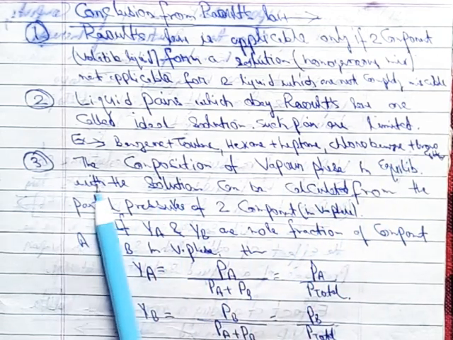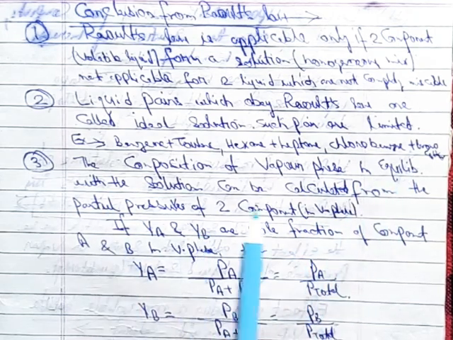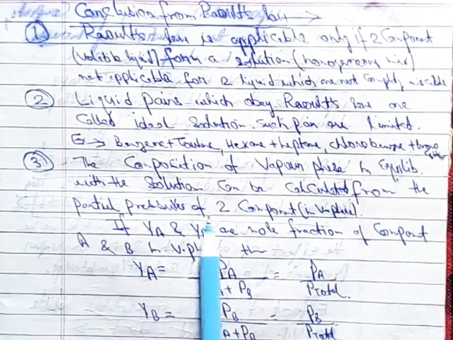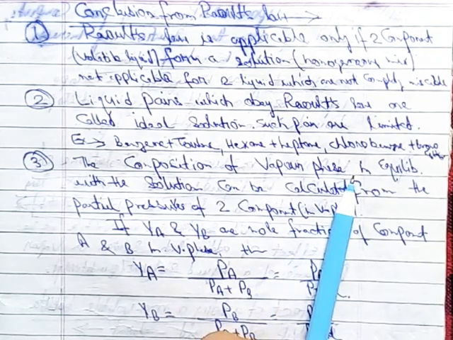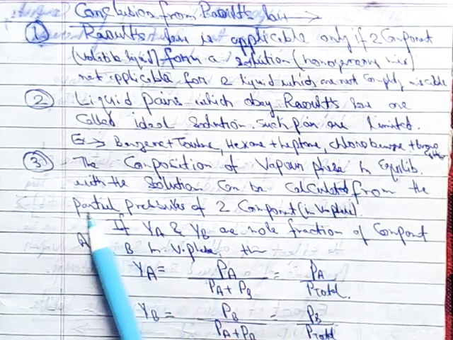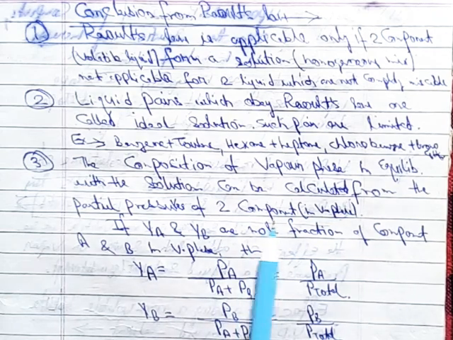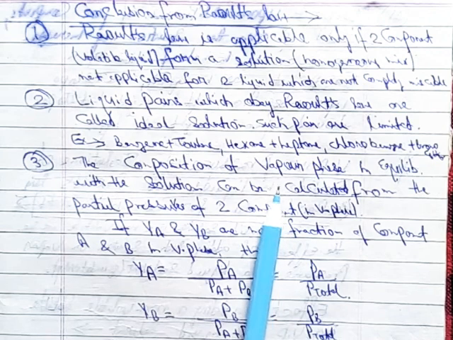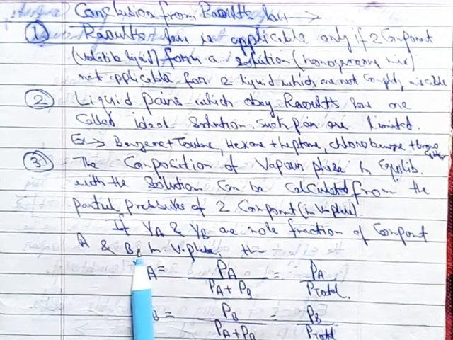Third point: the composition of the vapor phase in equilibrium with the solution can be calculated from the partial pressures of the two components. So if we know the partial pressures of the components, we can get the total pressure or the composition of the vapor in equilibrium.